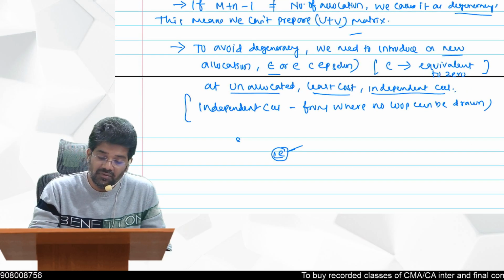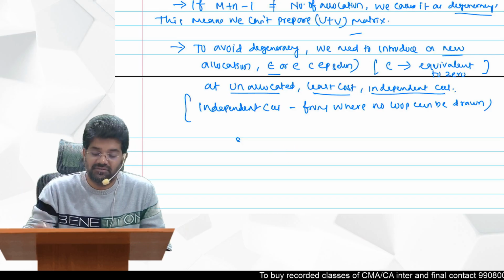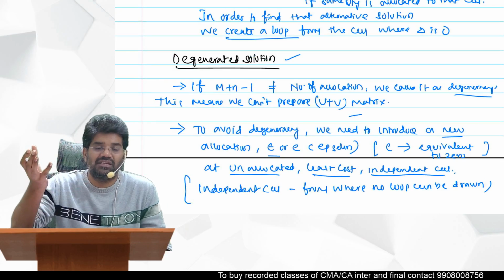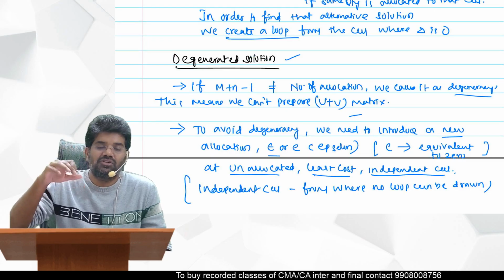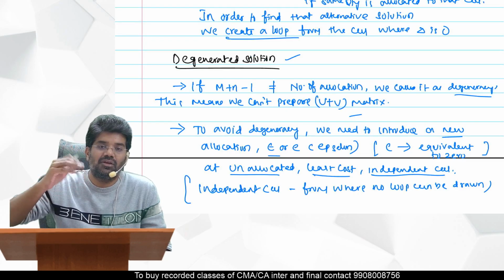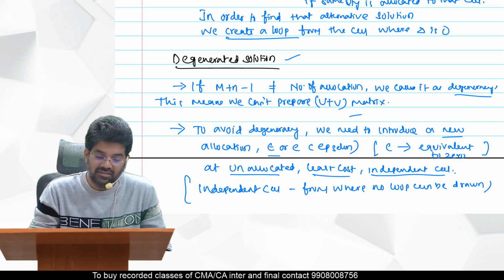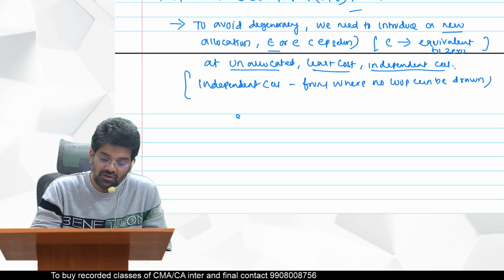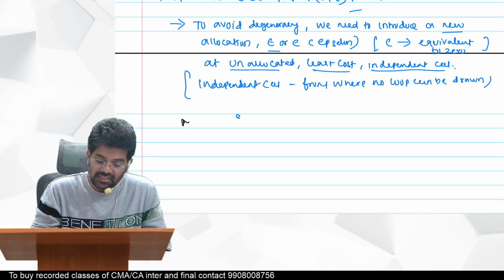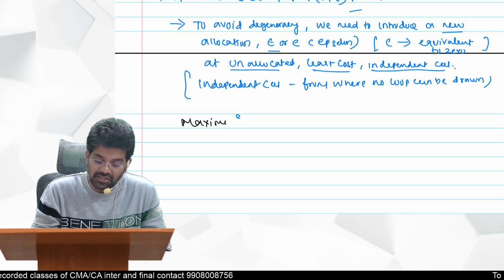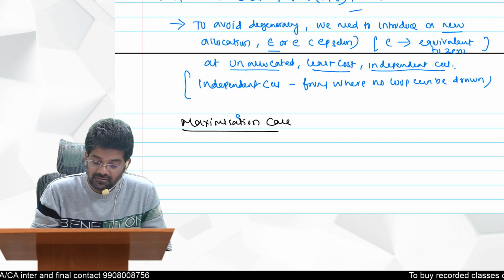Next thing is, whenever they give you a maximization objective, probably you might get profit figures. There you should convert that into minimization by preparing an opportunity loss matrix. So whenever you have a maximization objective, we should convert it into minimization.